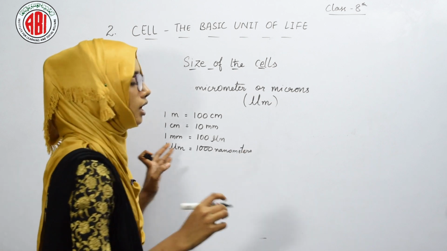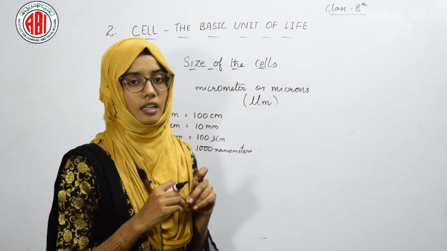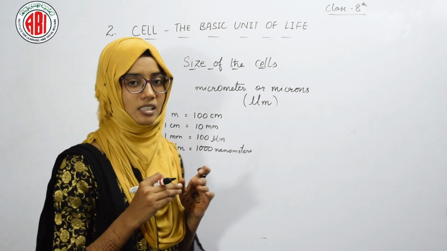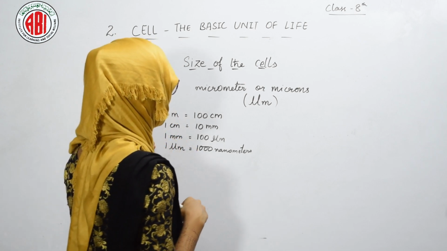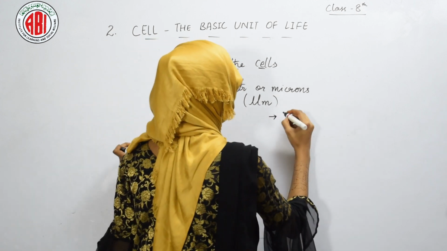So by this we can understand how small the cells are in size. As they are very minute, we cannot see them through our naked eye. Smaller cells can be seen under the microscope, and they are measured in micrometers or in microns.